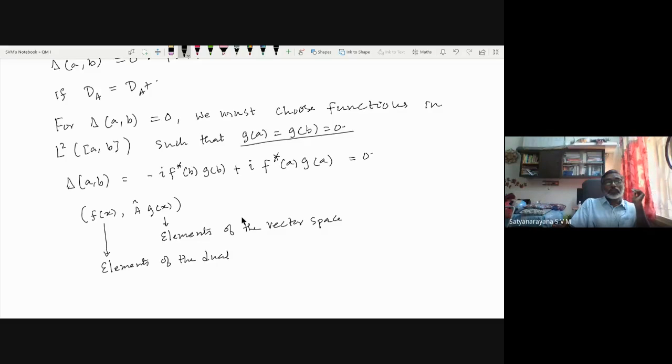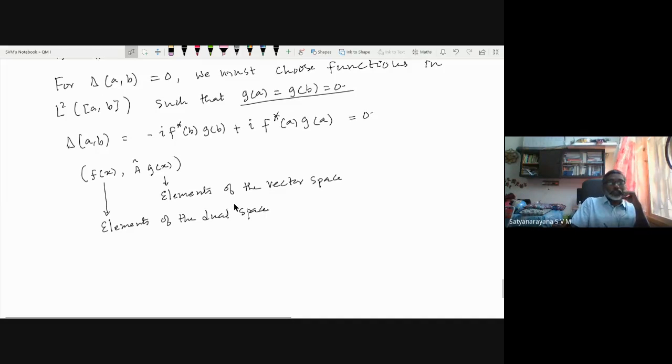They are basically linear functions, as we have seen. In general, sometimes the dual is the same as that space, so the same vector space can be the dual of itself, but it is not necessarily true in all cases. So in that sense, the domain of A is a subset of the vector space, and the domain of A dagger is a subset of the dual space.